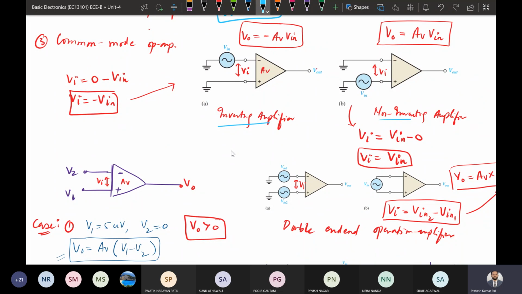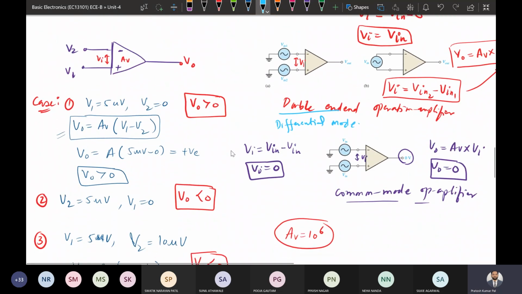If the input is applied to the non-inverting terminal, it is a non-inverting amplifier. If the input is applied to both inputs, it is called differential or double-ended, or differential mode. And if the input is applied to both input terminals but both inputs are the same, it is called common mode.